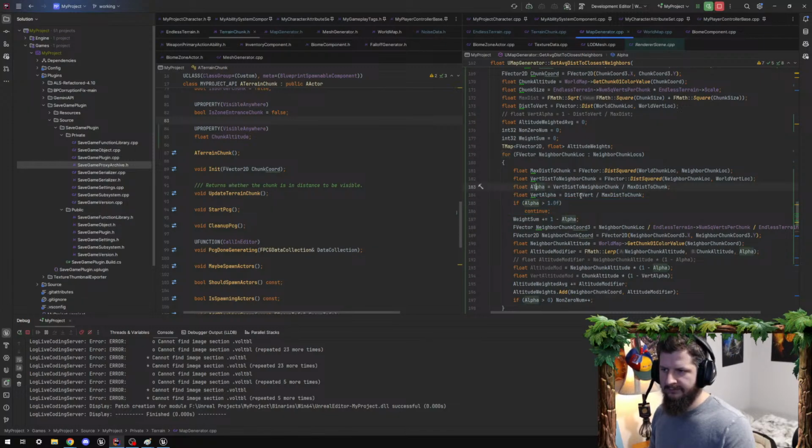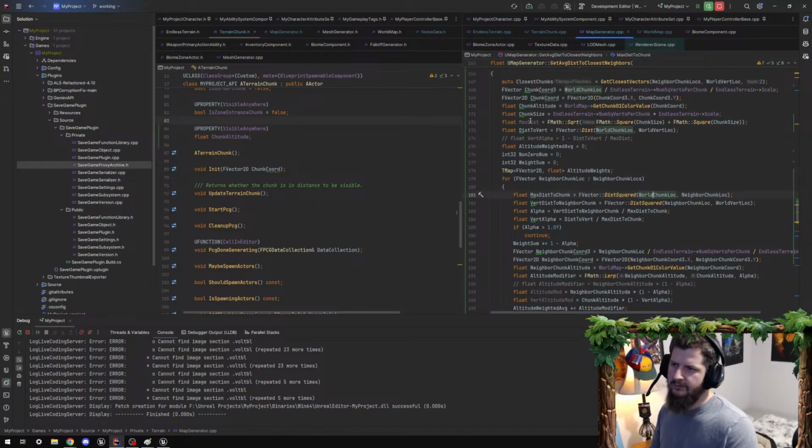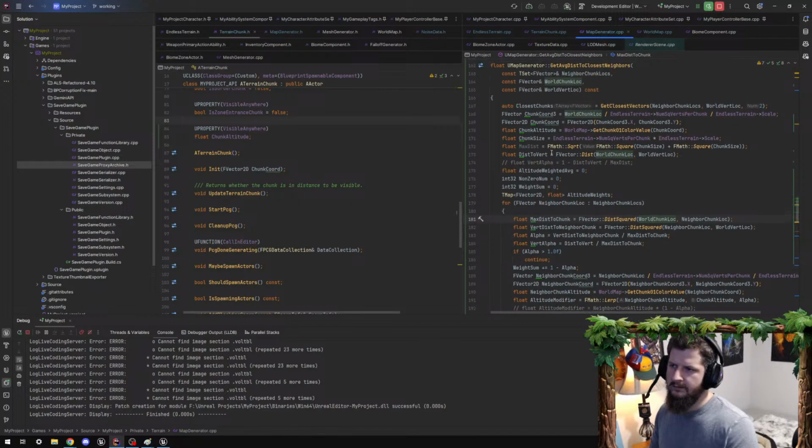Because then alpha, max distance to chunk... ooh no, because I'm doing it to each one, right? Oh no, this is when I was using, what number am I looking for here? Chunk size? Max dist.